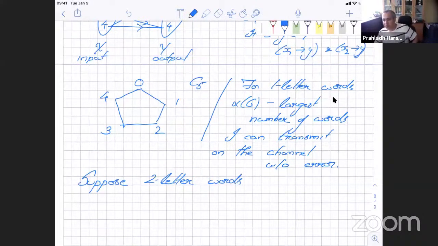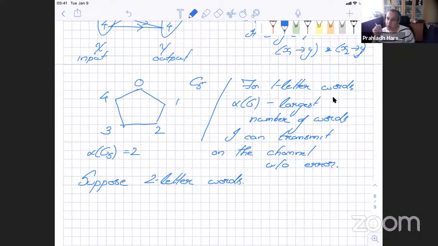Of course, you could send 4 now because alpha of C5 was 2. Any 2-letter words formed out of 0 and 2, which are 4 in number, can all be decoded correctly on the other side.